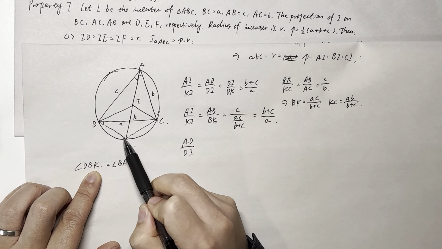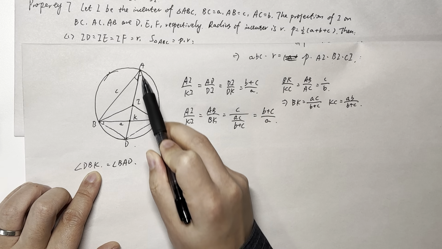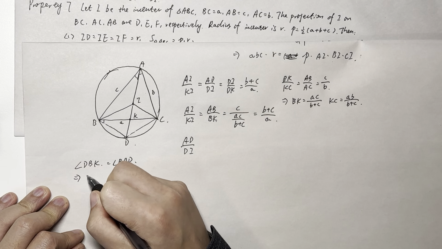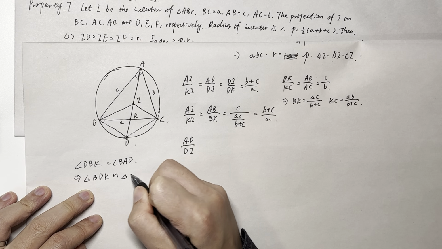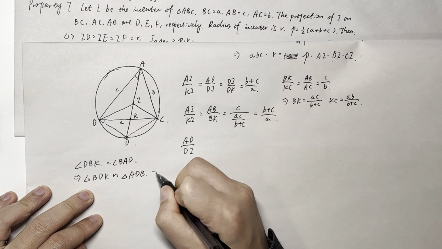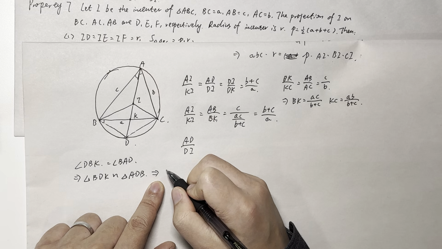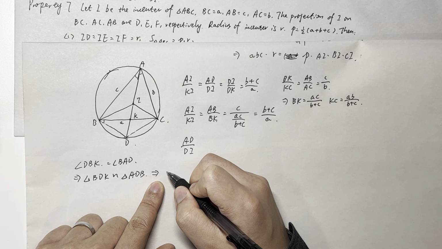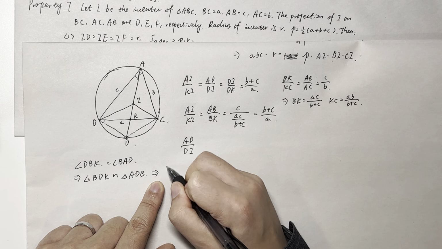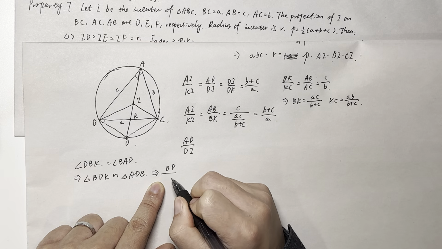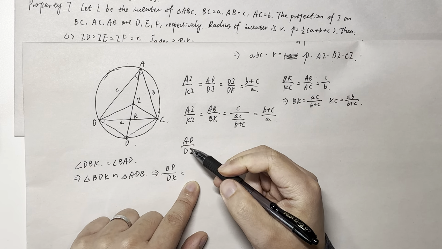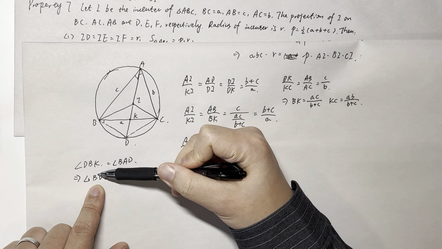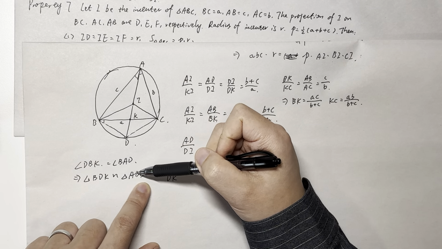And angle BDK equals angle BDA, which means triangle BDK is similar to triangle ADB, which means BD to DK equals AD to DB.